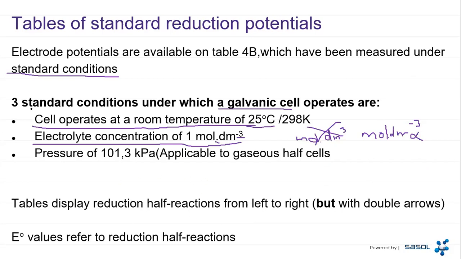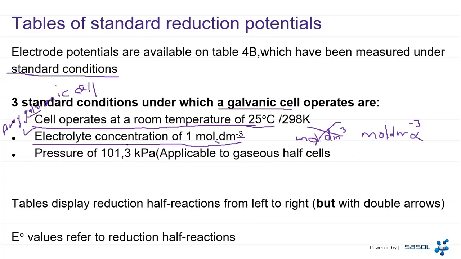Now, these two conditions are always applicable for any galvanic cell. So if we ask you, write down two standard conditions under which this cell operates, please, my dear learners, I'm giving you a tip. Always start with these first two because they are applicable to the galvanic cell.